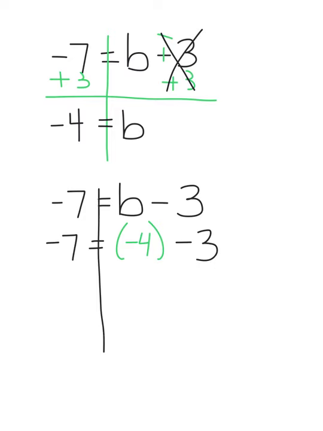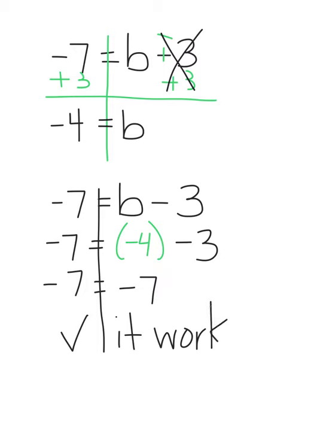And if we did our math, negative 4 minus 3, you can type it in on the calculator, is negative 7. And so check, it works. So again, you can check every single one of your problems and you can check and see if they work.